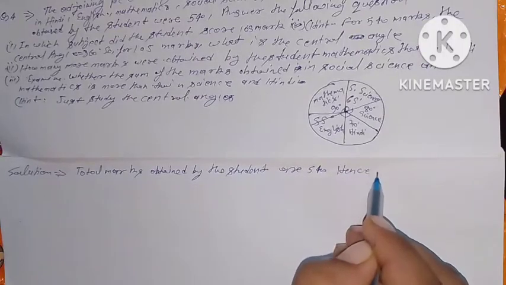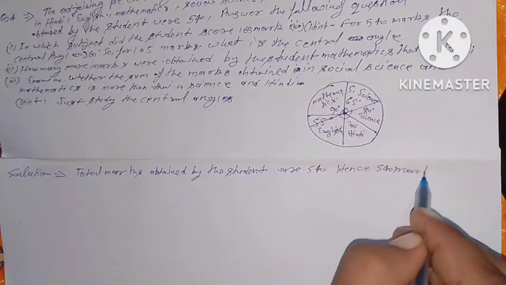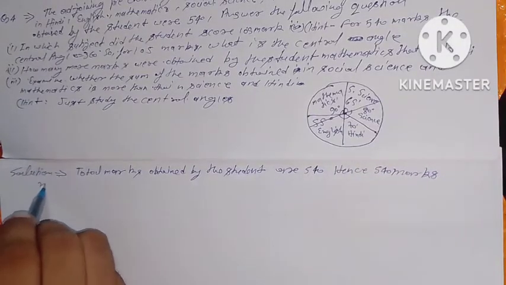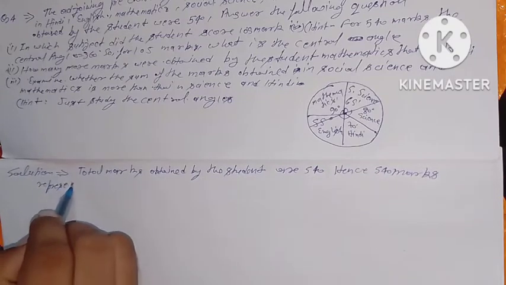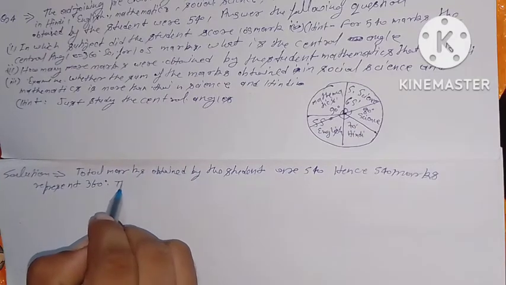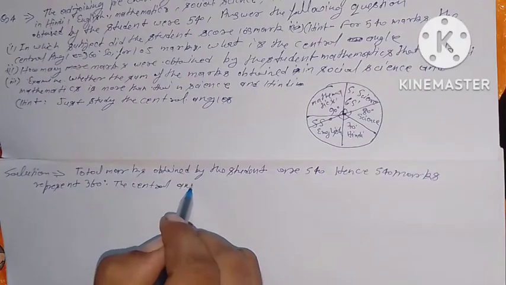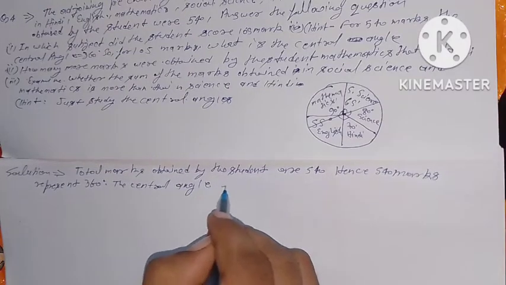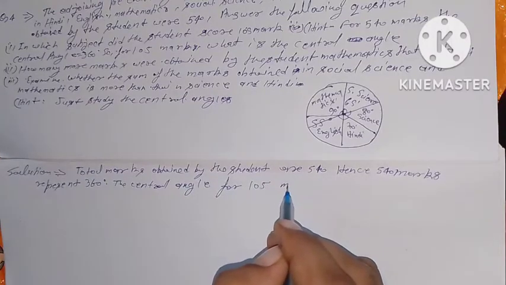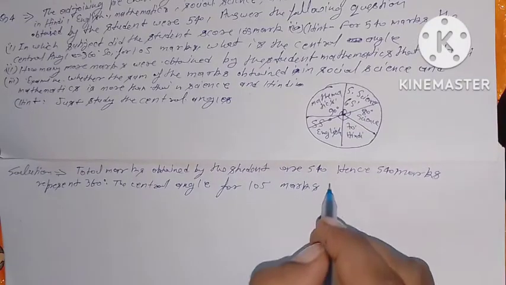Hence 540 marks represent 360 degree. The central angle for 105 marks has to be calculated.